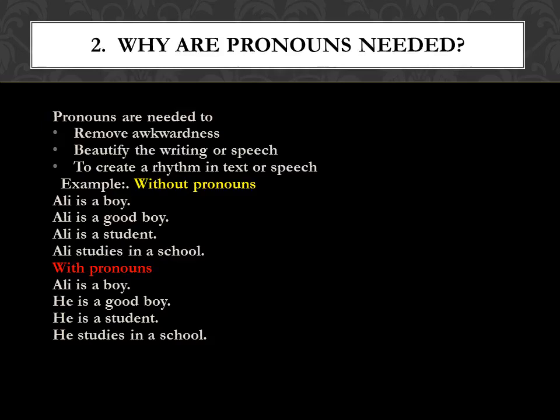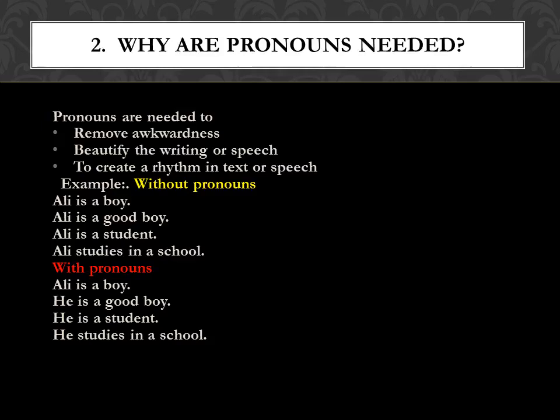And we have examples without pronouns. Ali is a boy, Ali is a good boy, Ali is a student, Ali studies in a school. So here Ali is used again and again in four sentences, as you can see.